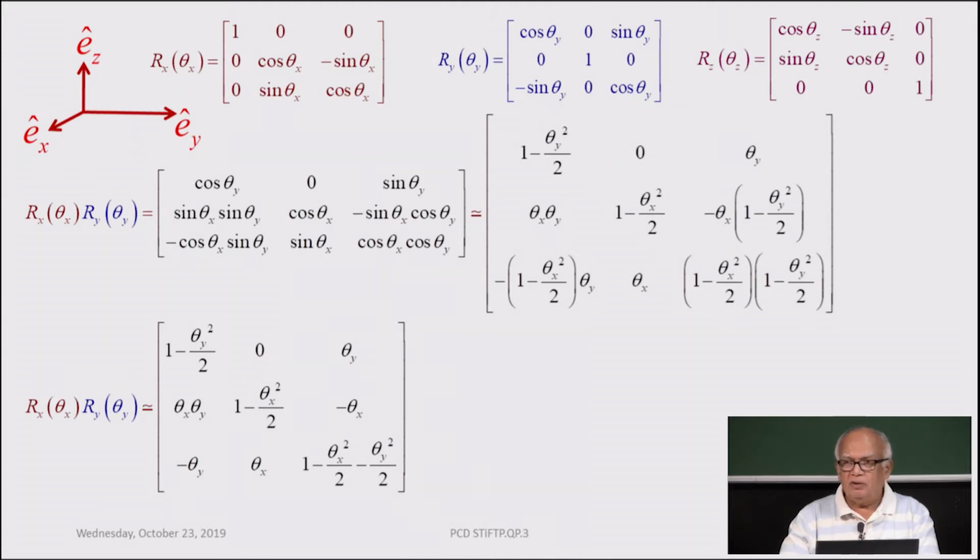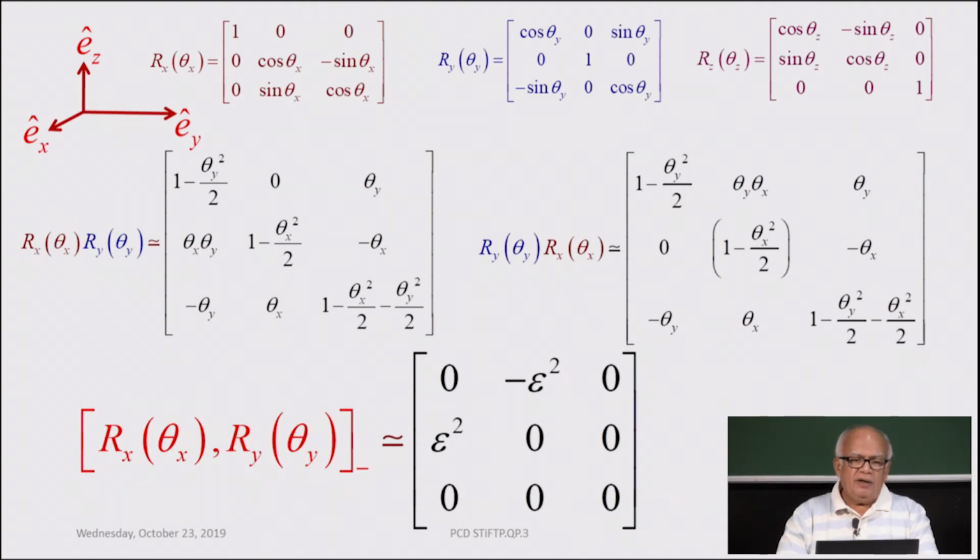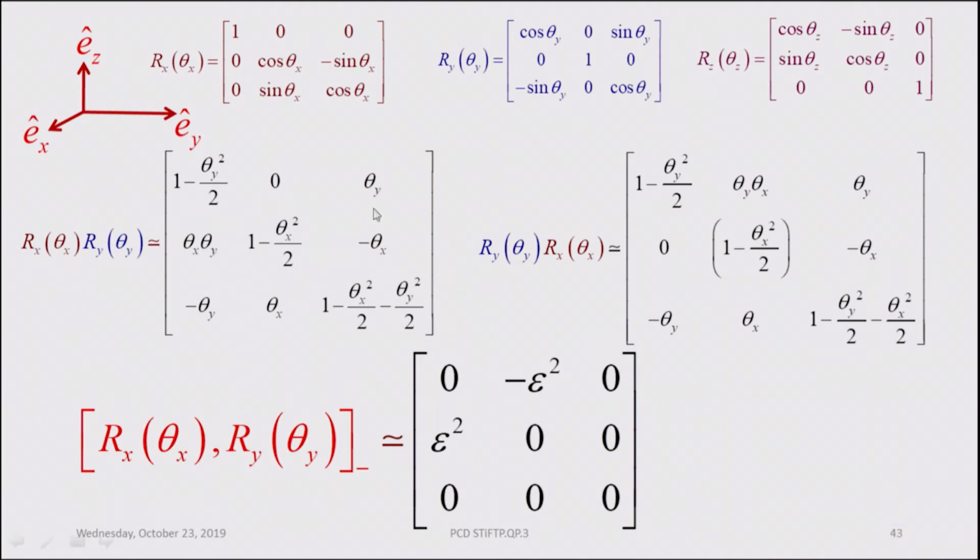So, on these two slides are the operations in reverse order, and you can just carry out the matrix multiplication, keeping the terms only up to order 2 and ignoring cube and fourth and everything else, because these are infinitesimal angles. So, they become smaller and smaller, and now you have got the Rx Ry matrix here and the Ry Rx matrix over here.